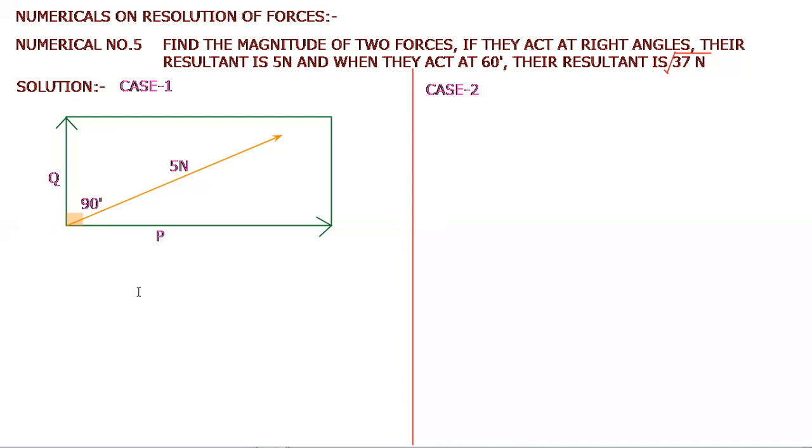Now, what you can do, you can use law of parallelogram. So you can write by using law of parallelogram.